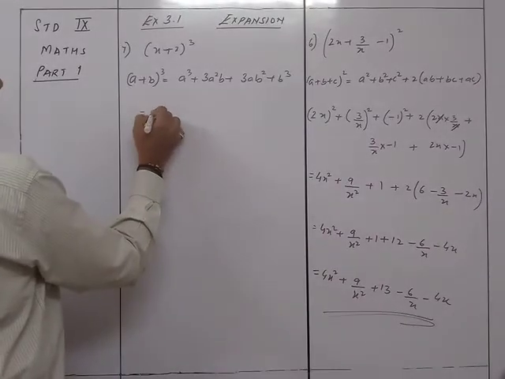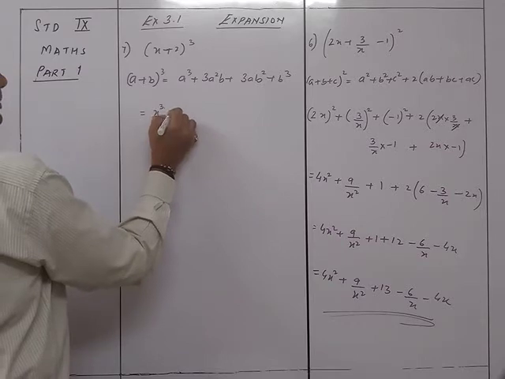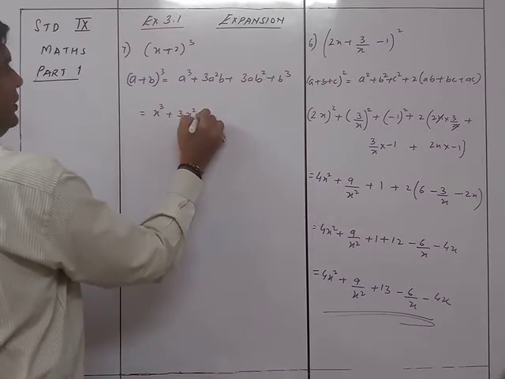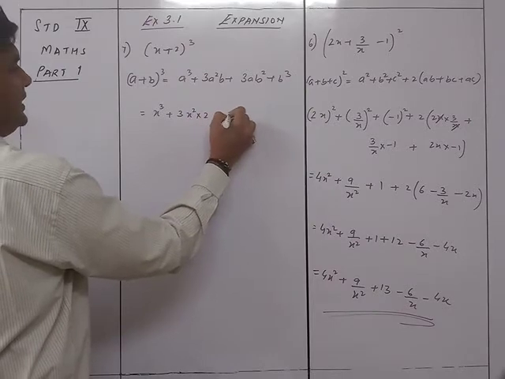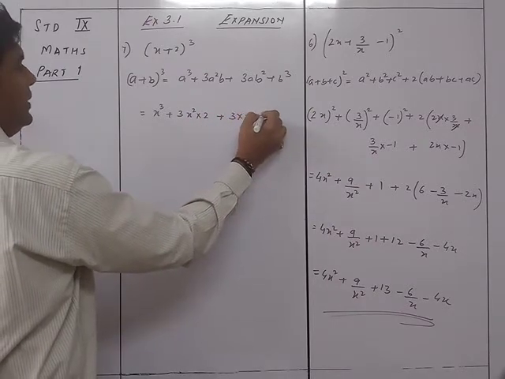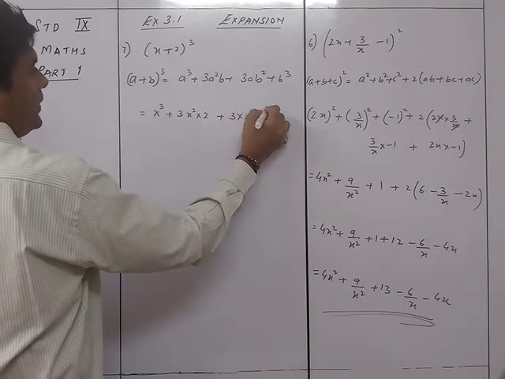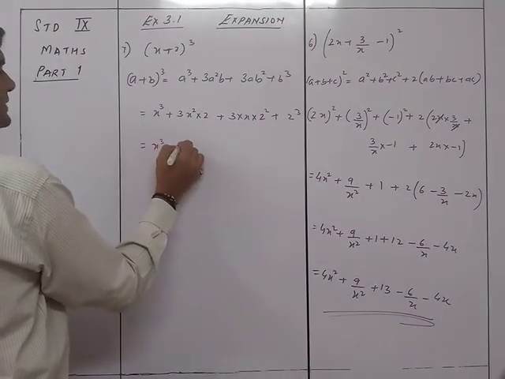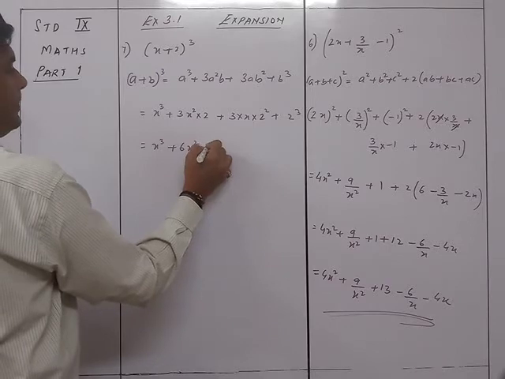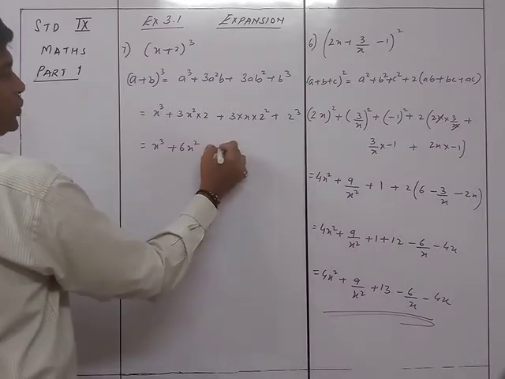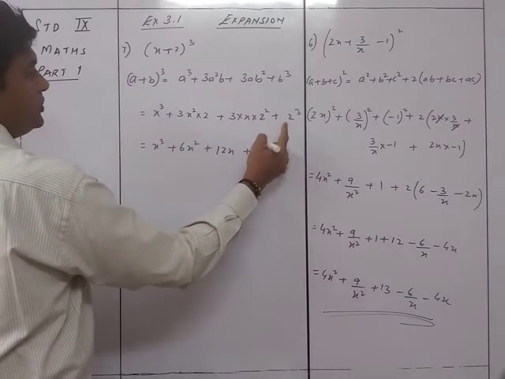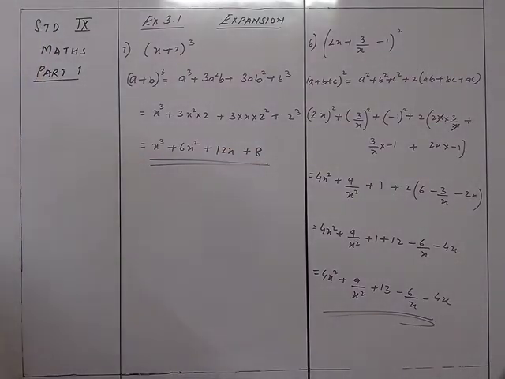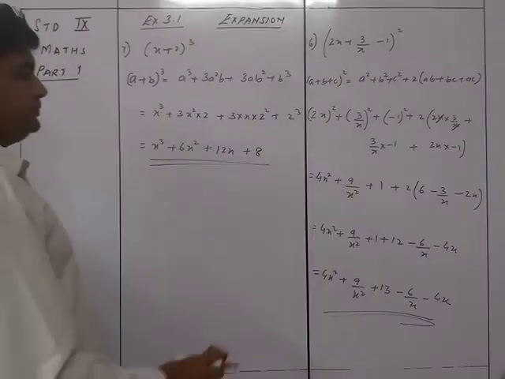So that will give you x cube plus 3x square into 2 plus 3 into x into 2 square plus 2 cube. So that will be x cube plus 6x square plus 4 3s are 12x plus 2 to the 4, 4 to the 8. So that will be the right answer for sum number 7.